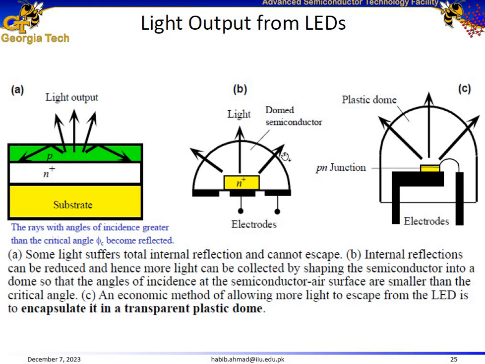So one solution to cater for that is to grow a domed semiconductor light emitting diode structure, so the light gets an opportunity to escape in different directions.